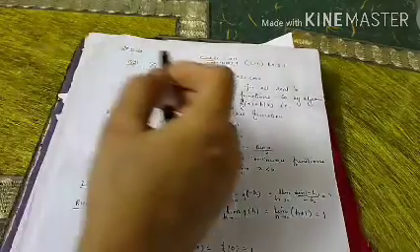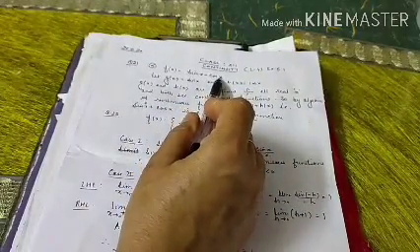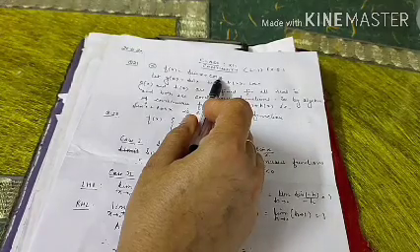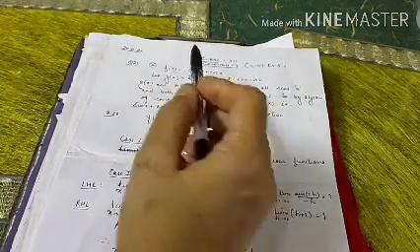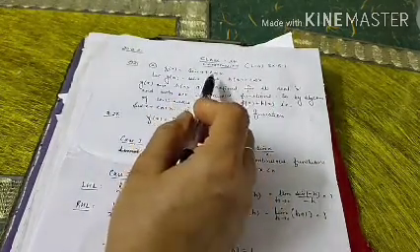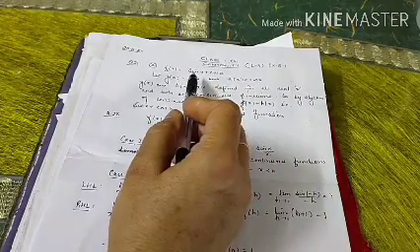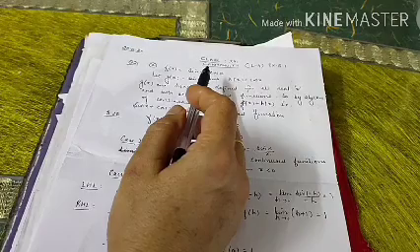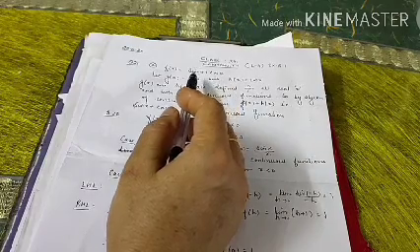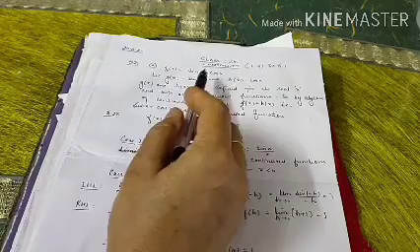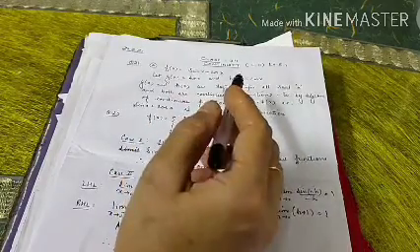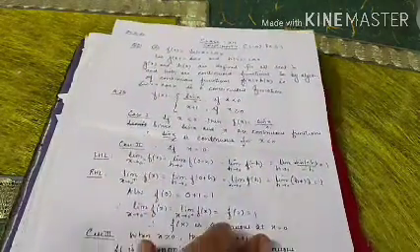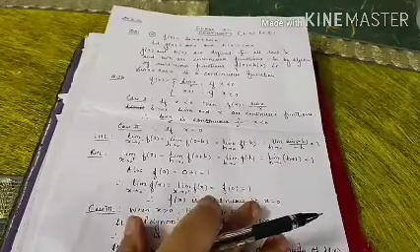Similarly, f(x) = sin x − cos x and f(x) = sin x multiplied by cos x are continuous functions, because we know that the sum, difference and product of two continuous functions are continuous functions.